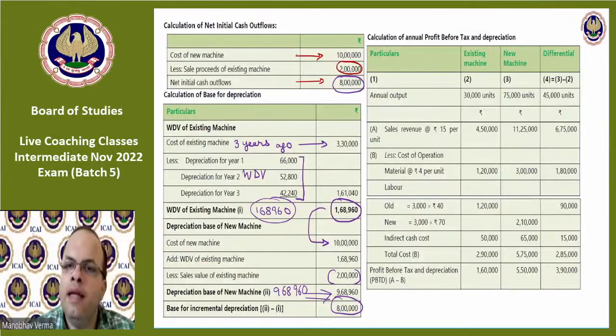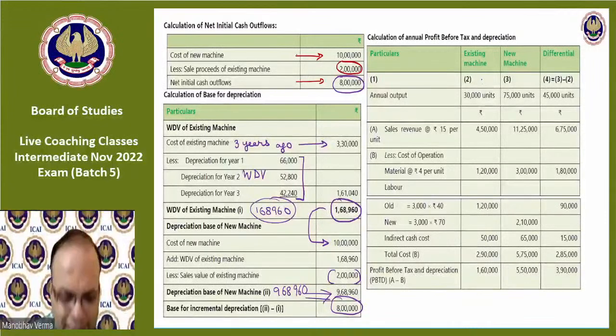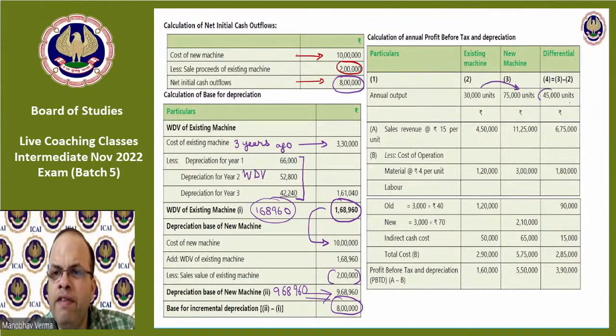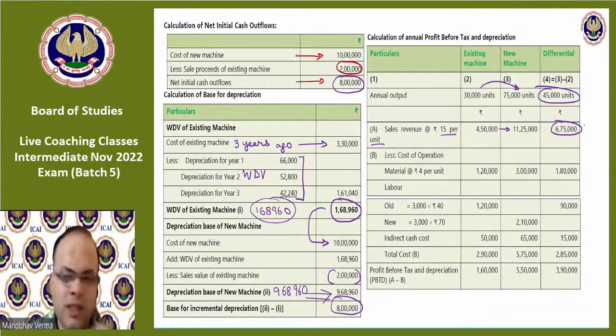So let us compare the existing machine on the right hand side of the screen. We were able to have annual output of 30,000, now 75,000. So we get 45,000 units additionally. In terms of revenue, because the selling price did not change, 15 rupees per unit, my revenue increased from 4,50,000 to 11,25,000. So the incremental revenue is 6,75,000.